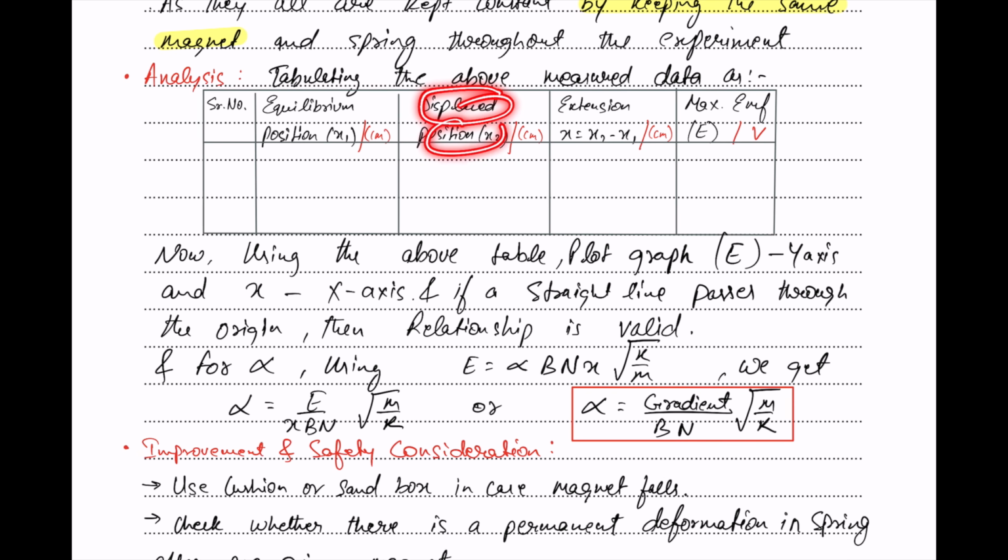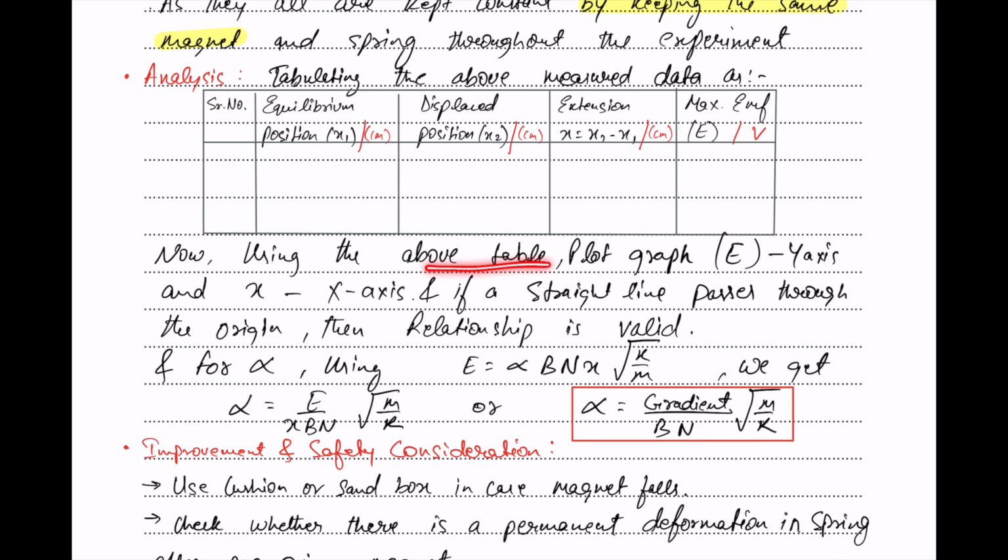This is the displaced position x2, again in centimeters, and the extension by calculating x2 minus x1. Here we can write in centimeters. Now by using the playback video recording, we can calculate the maximum EMF for a given extension. So this is the tabulated collection of data which we will do for the given experiment.